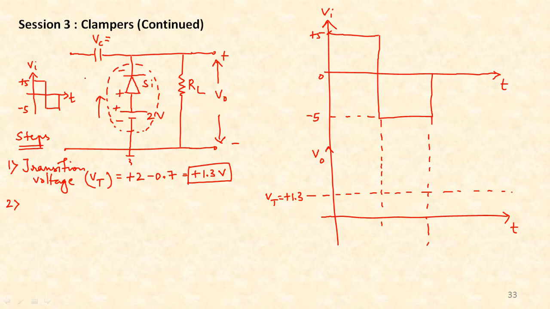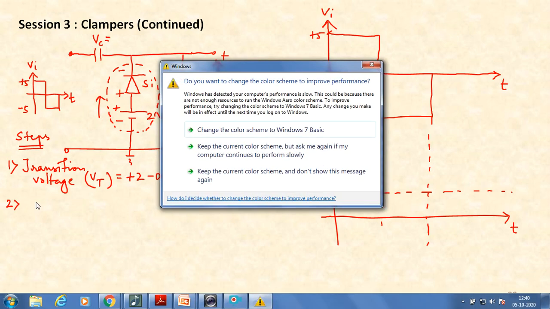Negative half cycle of the input. Yes, exactly. Going by the steps of clamper analysis, you will have to start with that portion of the input signal which will forward bias the diode. Only then your clamper analysis will be correct. So going by that rule, let us begin with the negative half cycle.